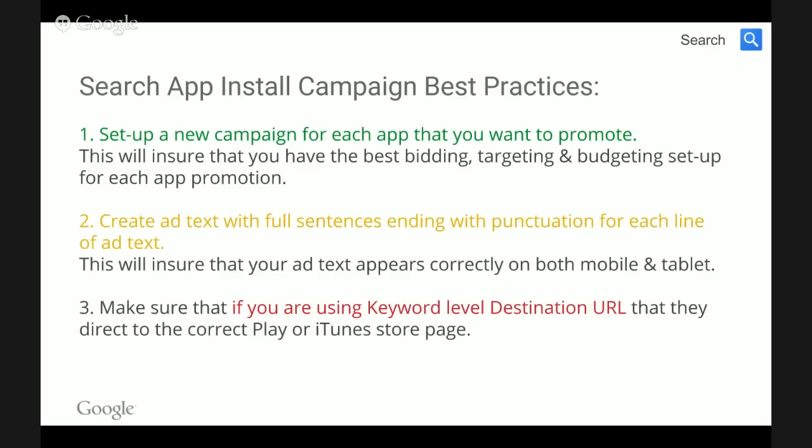Okay, and this is for me the bible of the search campaign: set up one campaign for each app, and don't try to use 2 or 3 different apps in the same campaign. It doesn't work, because each app is completely different, so the performance will be different.